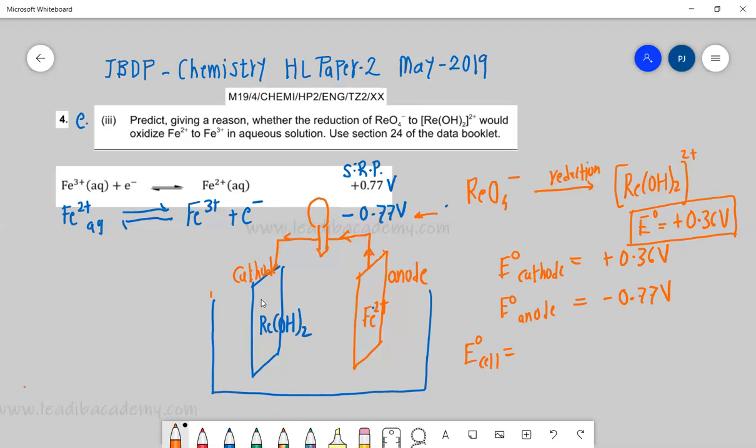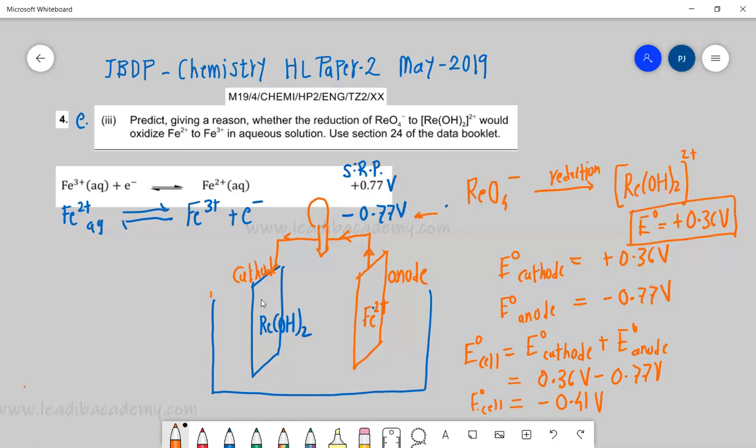E naught of cathode plus E naught of anode. In this case, 0.36 volts minus 0.77 gives minus 0.4 volts. This is going to be the E naught of cell.